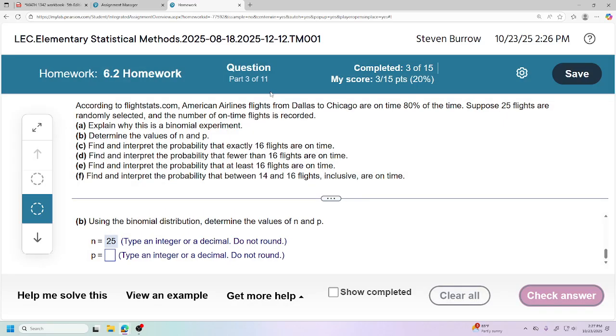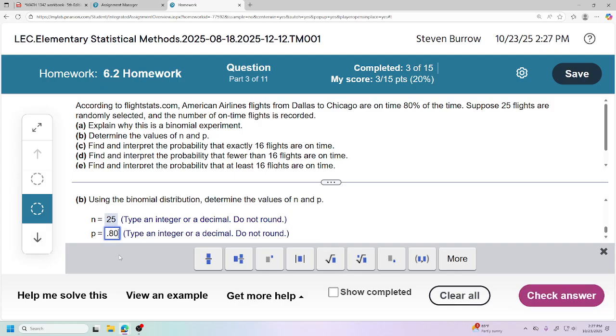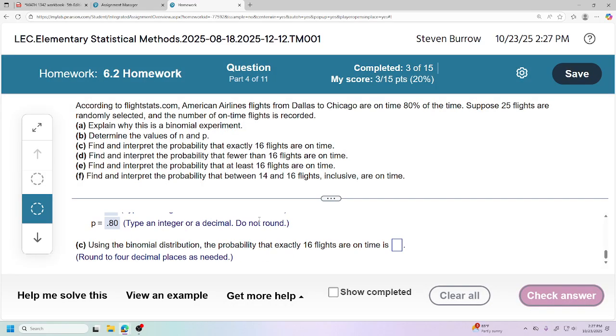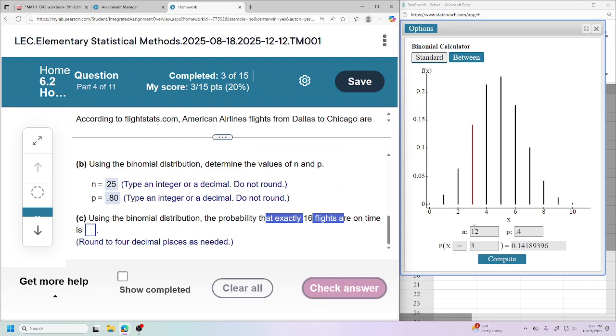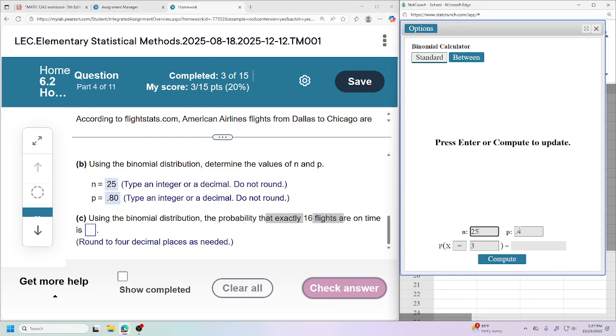Let's try it. Look, part 3 of 11. Isn't that awesome? P, what's my probability? 80. They didn't ask for what's the opposite. They're saying exactly 16. Well, that's back to what we're doing over here now. So 25, .80.